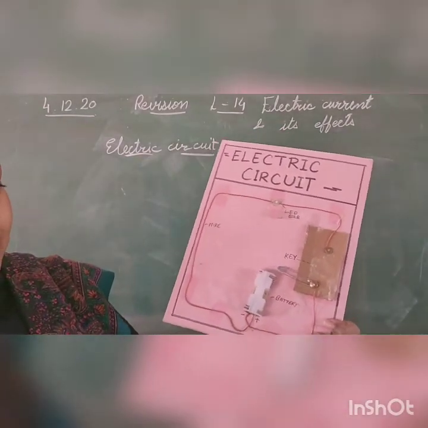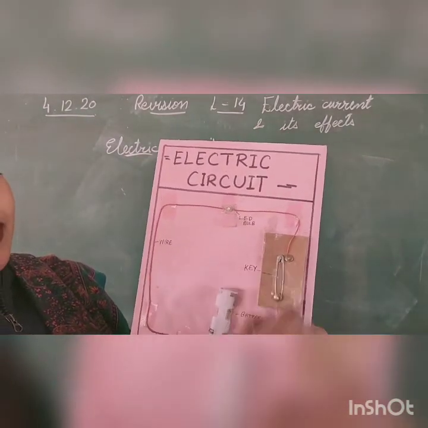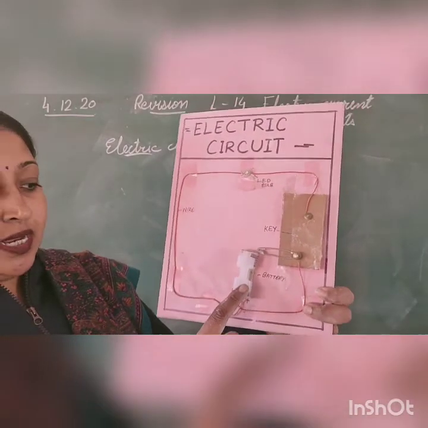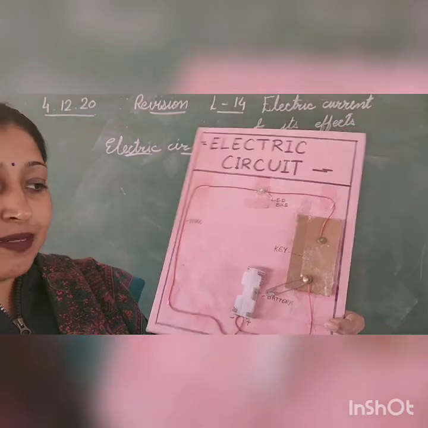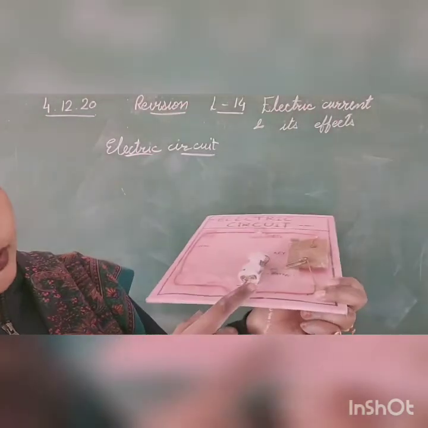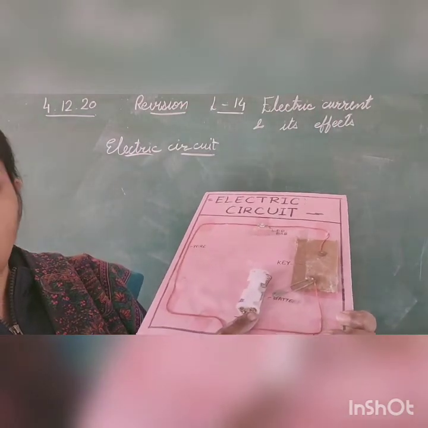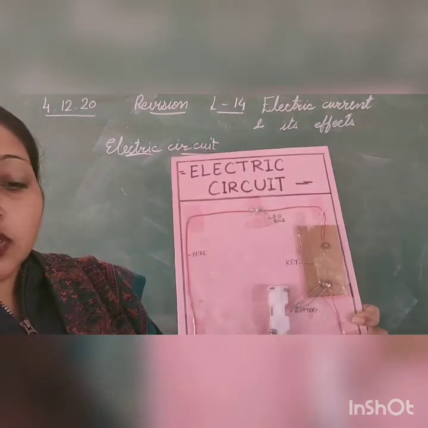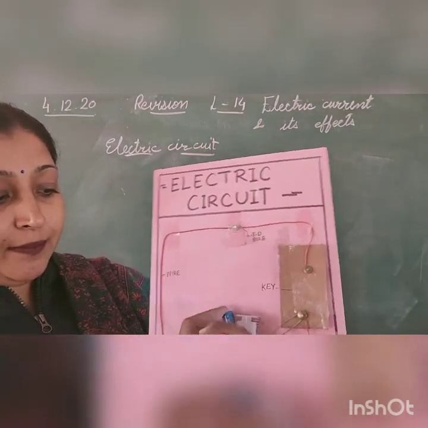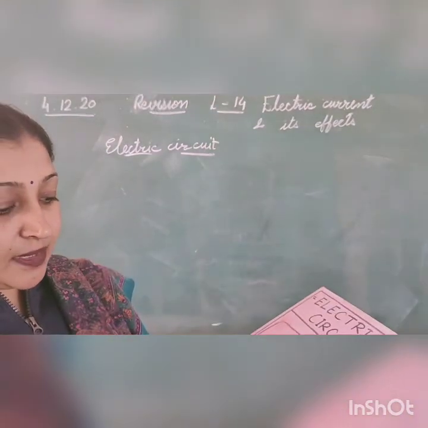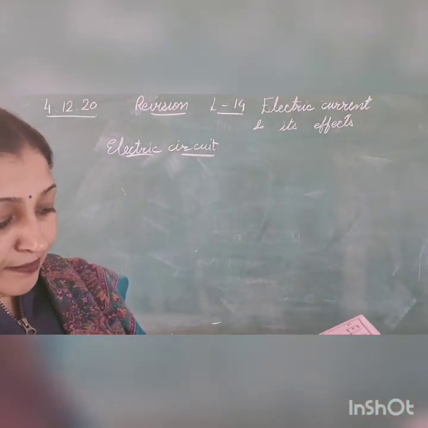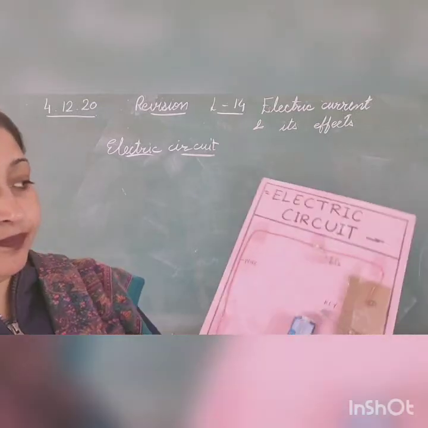I hope you can see this. Beta, this safety pin I have used as a switch. It is a holder that can hold your cells and make them a battery. I hope you can see the metal chips here. You can see I am adding cells over here, simply adding cells and making a battery.